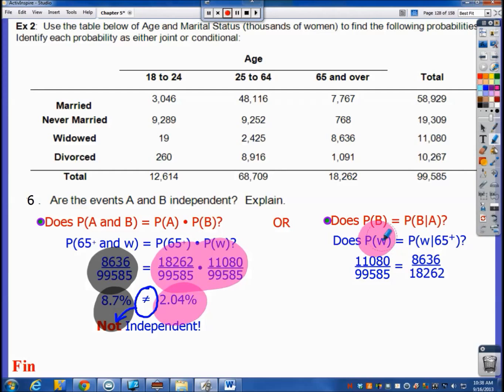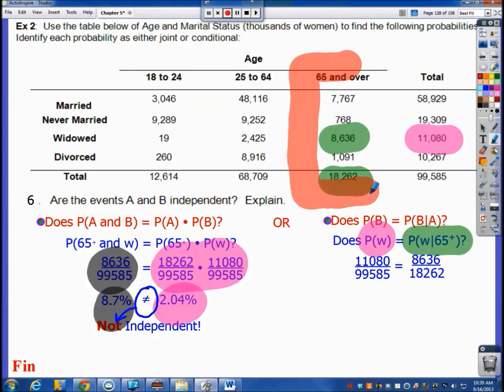So the probability that you're a widow would be that 11,080 out of 99,585, and the probability of being a widow given you're 65 and older, well, that's these people out of, because we're doing a conditional probability, we're only looking at this part of the table. So that's why we're taking this number out of this number and not the 99,585.